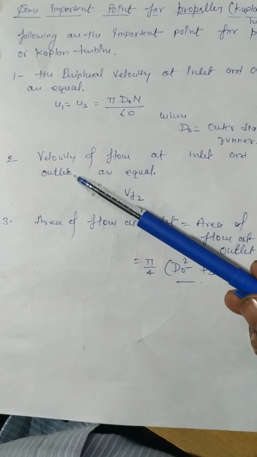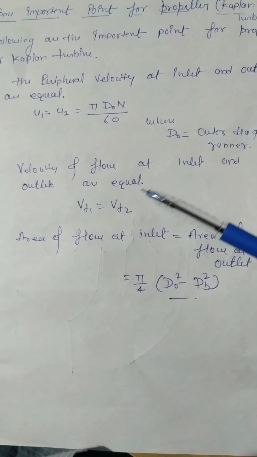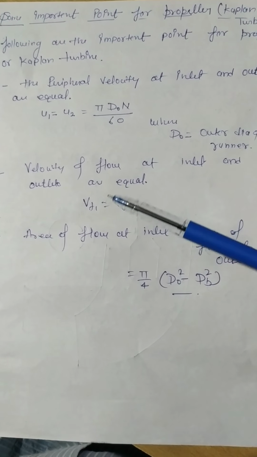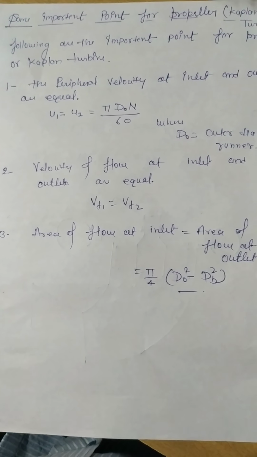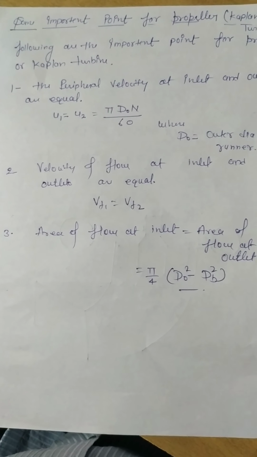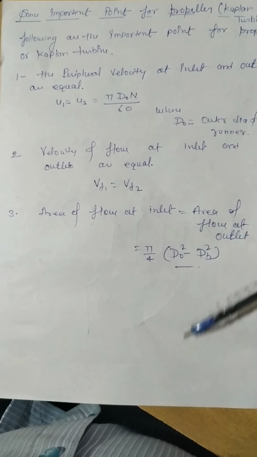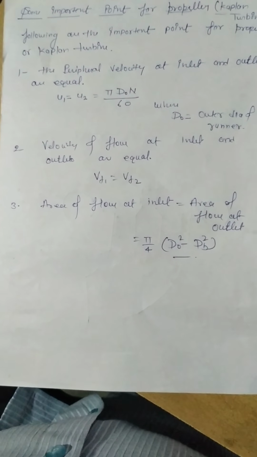Alright, and here the second point, the velocity of flow at inlet and outlet are equal. Vf1 will be equal to Vf2. This relation will help you when you solve the numericals, and you can solve the numerical with the help of these 3 points only. Clear? Everything remains the same as previous cases.